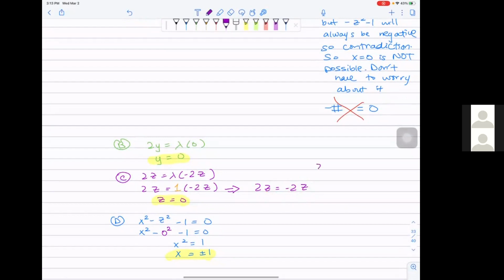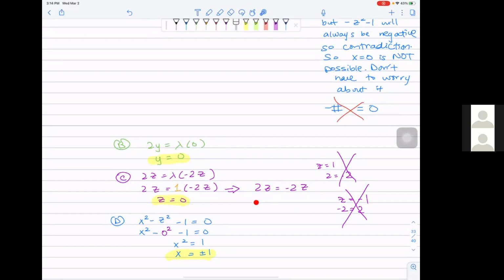Because if you test, like, if z equals 1, you get 2 equals negative 2. That can't happen. If you test z equals negative 1, you get negative 2 equals 2. That can't happen. So in order for this to hold, you need z equals 0.